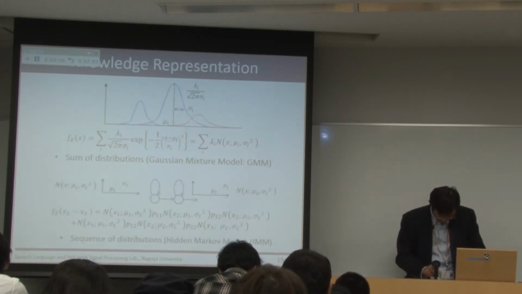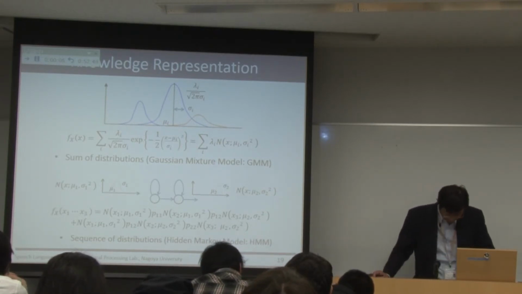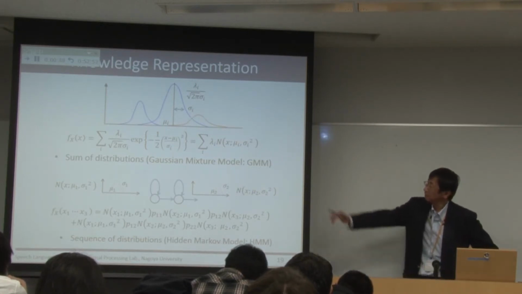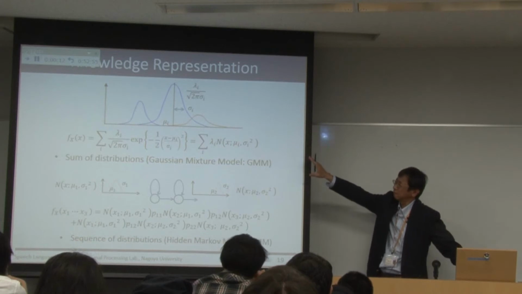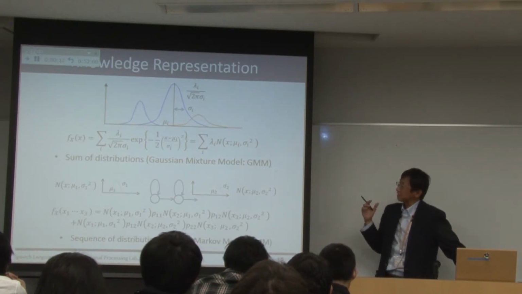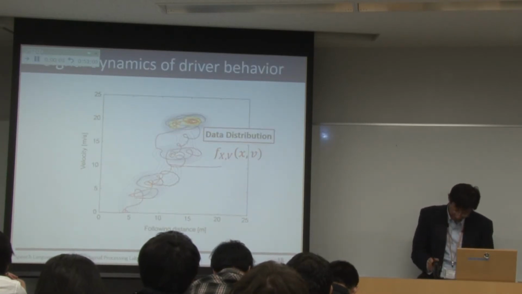How can we use the data and evaluate the data as a knowledge source? These are typical and a little bit classical ways of understanding a complex distribution like this.